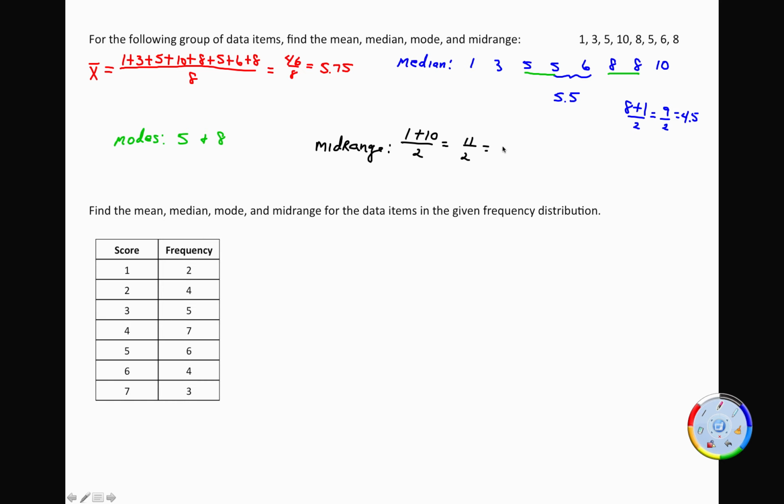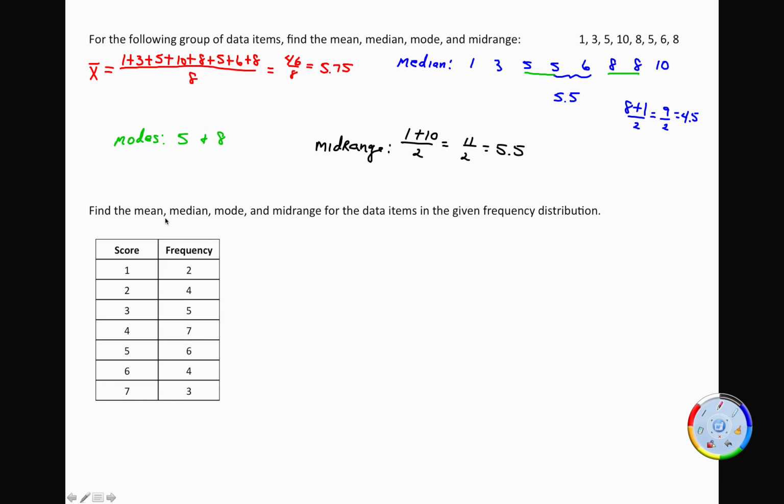So 11 over 2, or 5.5. Notice that the mean, the median, and the mid-range do not necessarily have to be an actual data item, but the mode must be a data item.